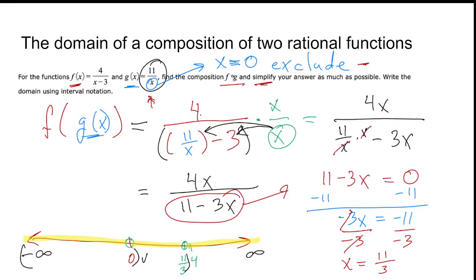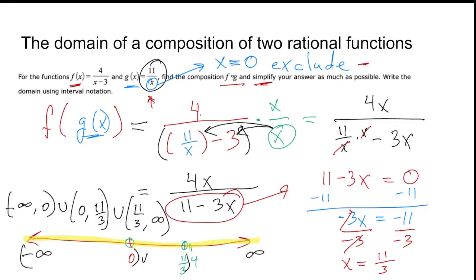So what the domain looks like in this case will be negative infinity to 0, exclude 0, and we can go from 0 to 11/3, exclude 11/3, and then we can go from the other side of 11/3 all the way to infinity. So this would be our domain.